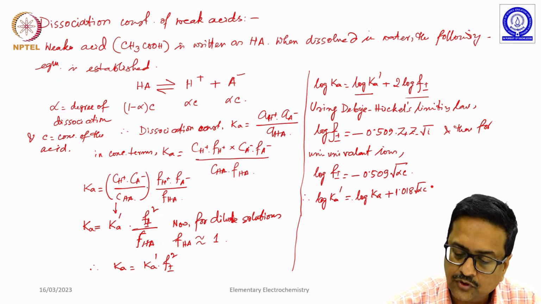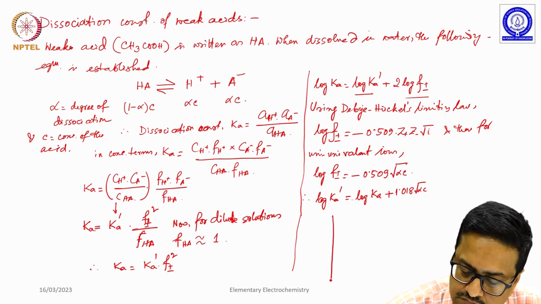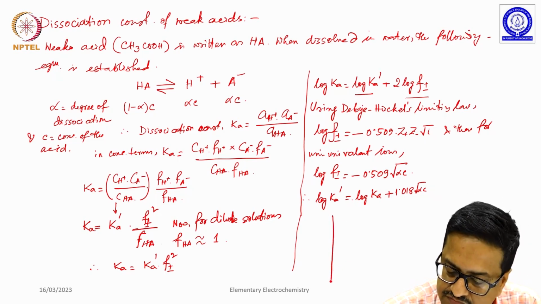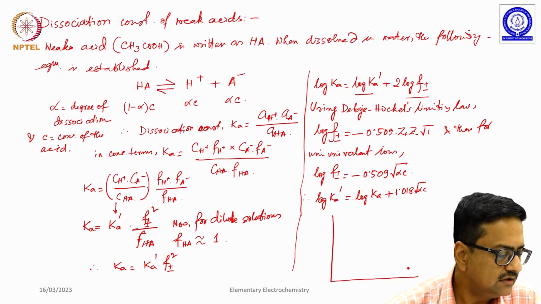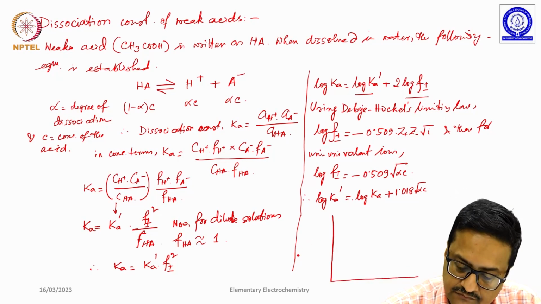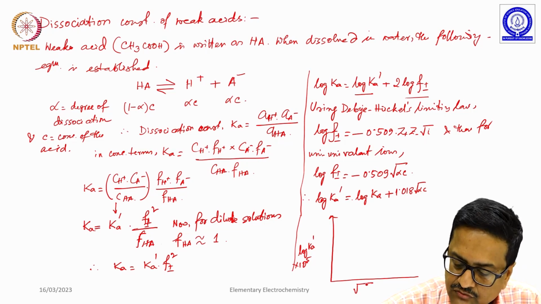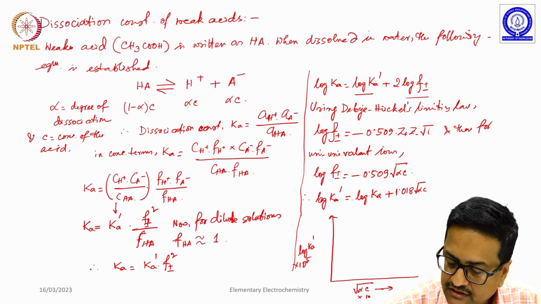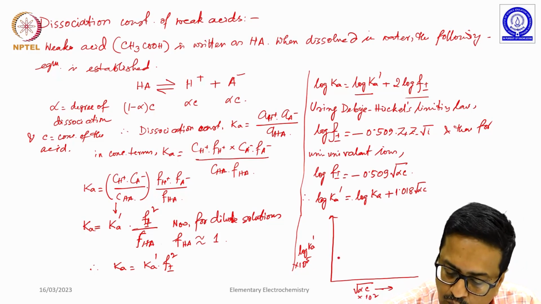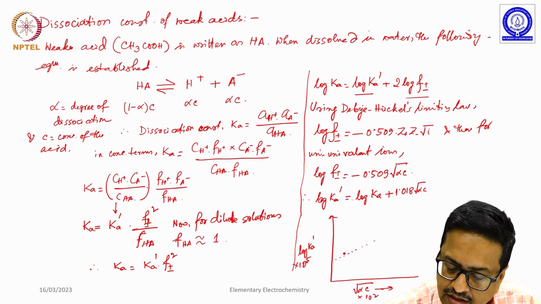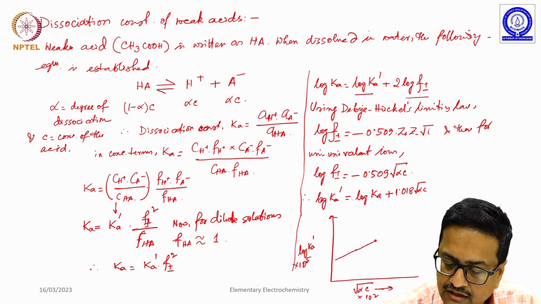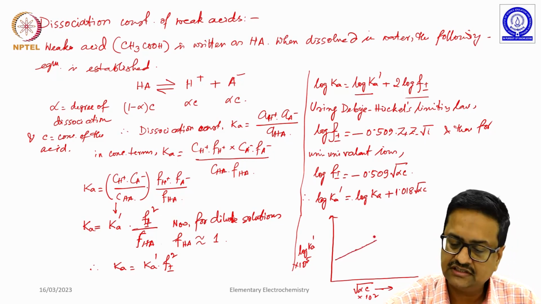So now if you try to plot the value of log Ka prime multiplied by 10 to the power 5 in y axis and square root of alpha C in x axis multiplied by 10 square, one will get a nearly straight line for a decent range of concentration.